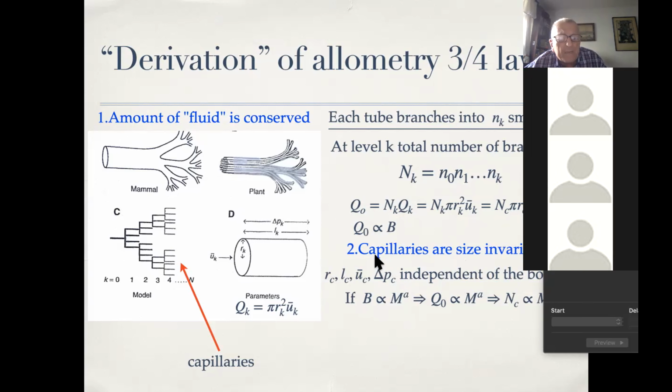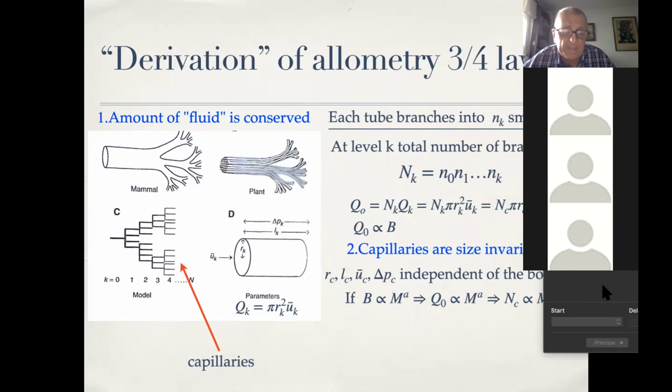Now, the capillary sizes are size invariant. What does the size invariance mean? That means that the radius of a capillary vein, the length of the capillary vein, the average velocity in it, and the pressure drop on that capillary pipe are independent of the size of the animal or the tree or the living object.